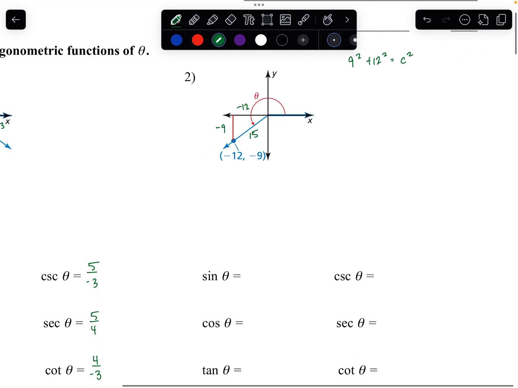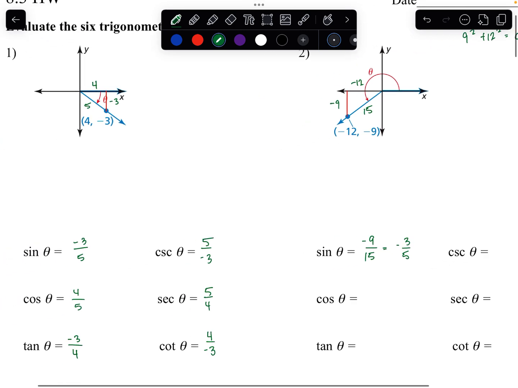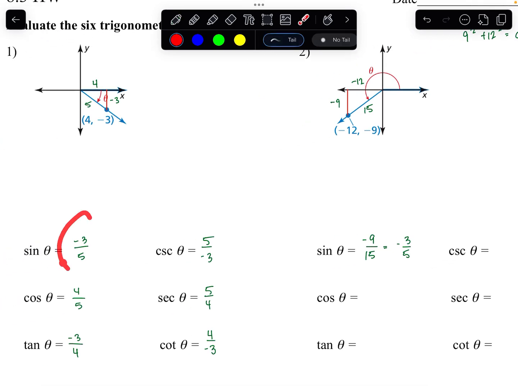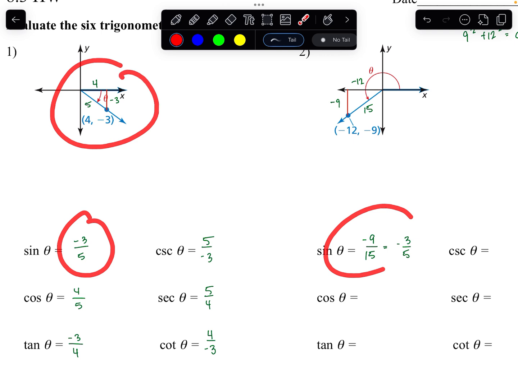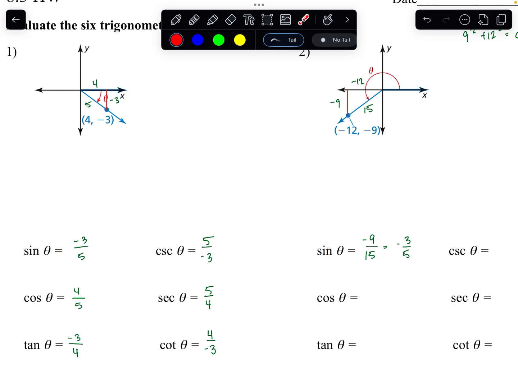Sine of theta is equal to -9/15, but that can reduce to -3/5, which is funny because that's the exact same as the previous one. They have the same sine ratio.